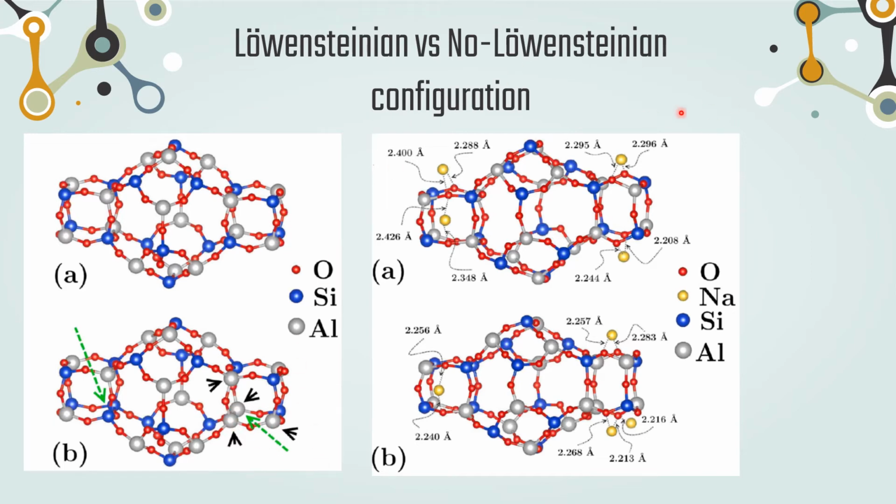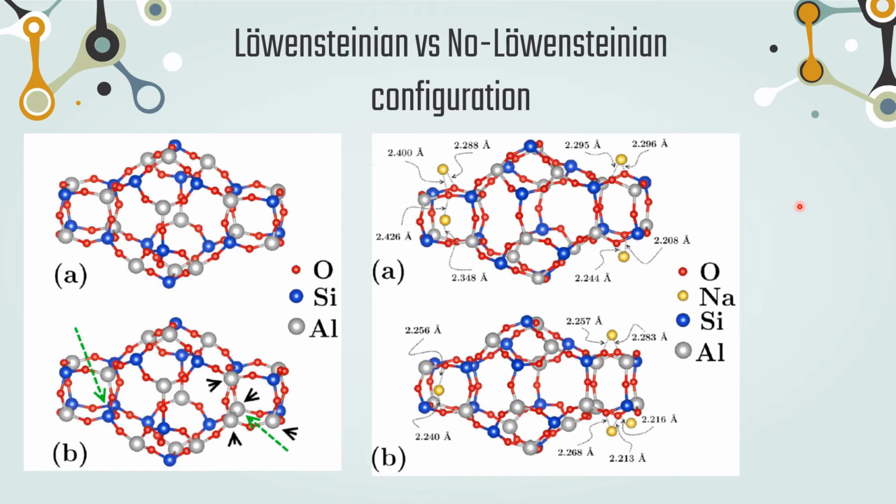On this side, the respective optimized configurations, including the sodium cations, can be seen. If both configurations are contrasted, some structural changes can be observed. For example, in this part, compared with this part, the size of the bonds is slightly larger.